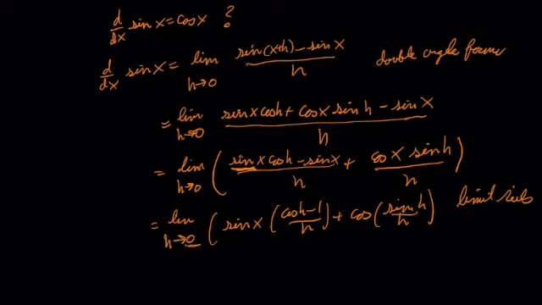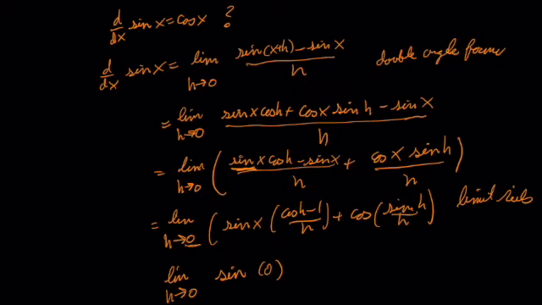So here I have 1 minus 1 over h, and 1 minus 1 is 0. And I know that sine of 0 is 0, so I have 0 over 0, which is 0.